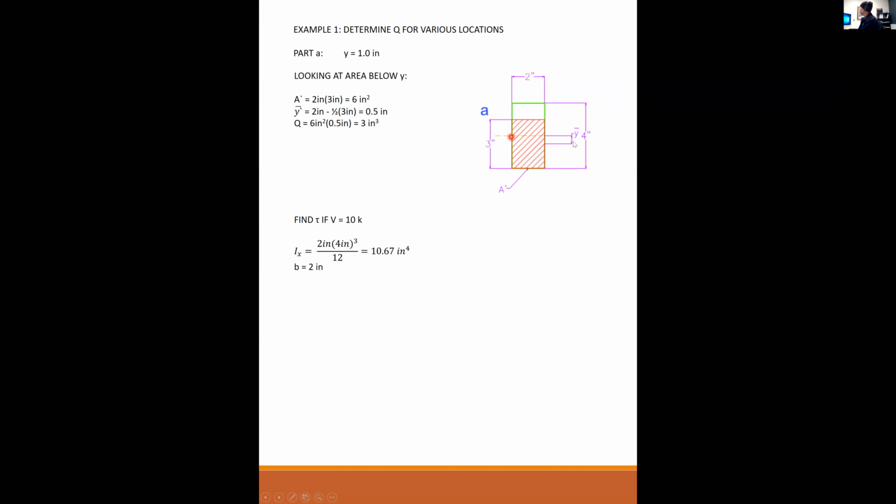B, the width of the shear plane, is 2 inches. So tau is VQ over IB: 10 times the Q, 3, over 10.67 times 2. I get 1.41 ksi as my horizontal shearing stress at this cut point right there. Okay, any questions?